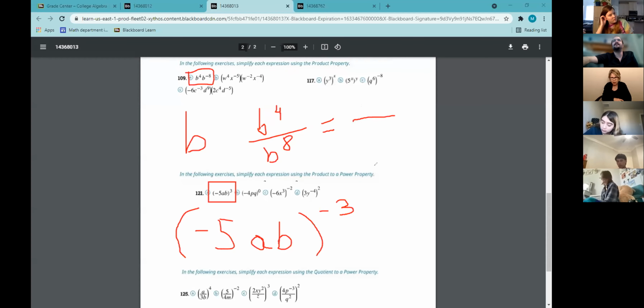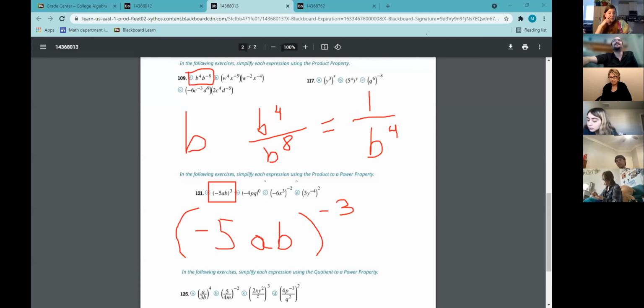On top or where? Just b4 by itself? Yeah, b4 by itself. Where should that b4 go? Oh, on the bottom. Yeah, it should be on the bottom. If the 8 is bigger, it should be 1 over b to the 4th.